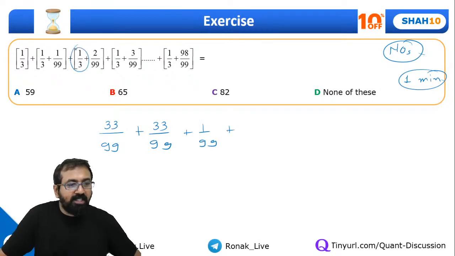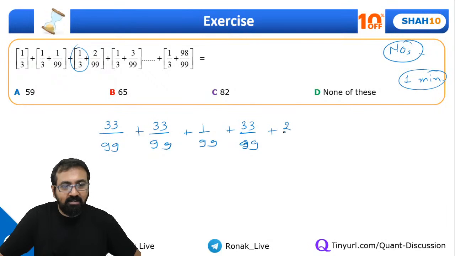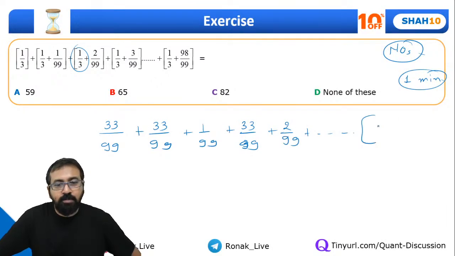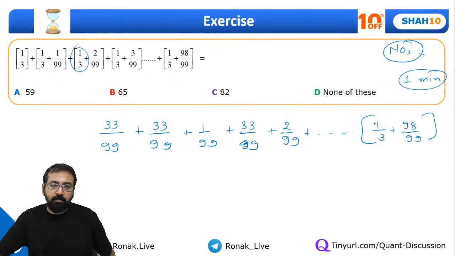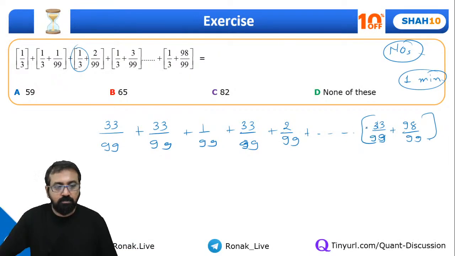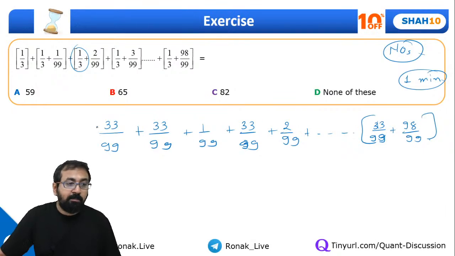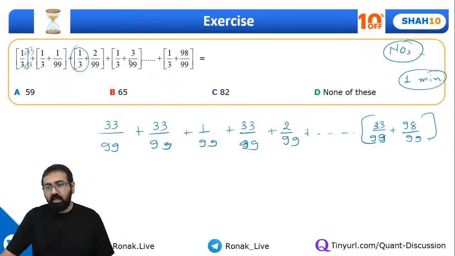Same with this 1 by 3, it will be nothing but 33 by 99 plus this 2 by 99 and so on and so forth. So it's going to be 1 by 3 plus 98 by 99. Right, so we can also make this as 33 by 99. Yep, I'm multiplying numerator and denominator by 33. Okay.